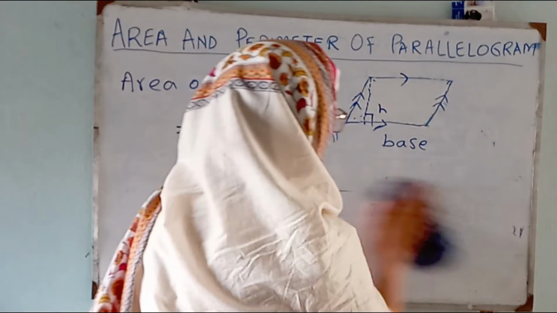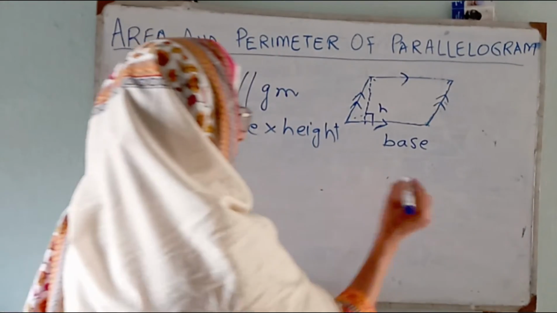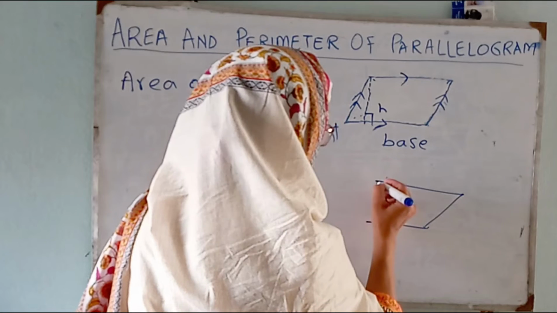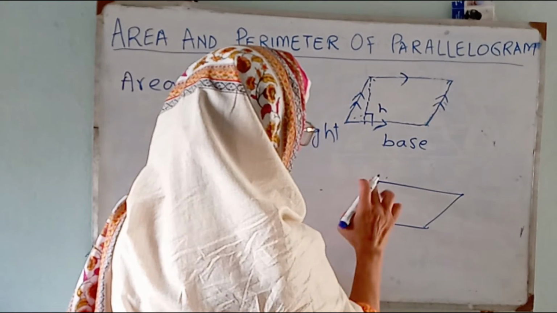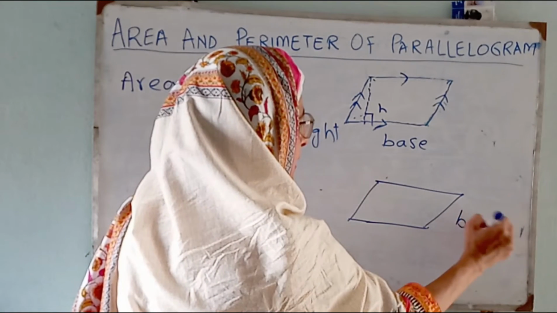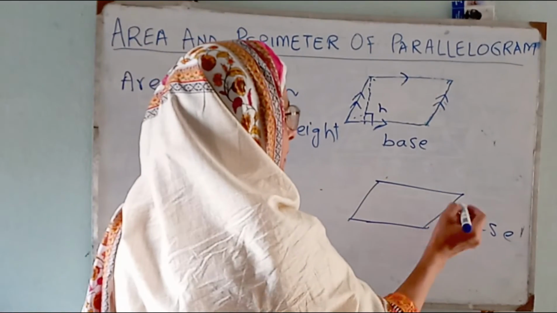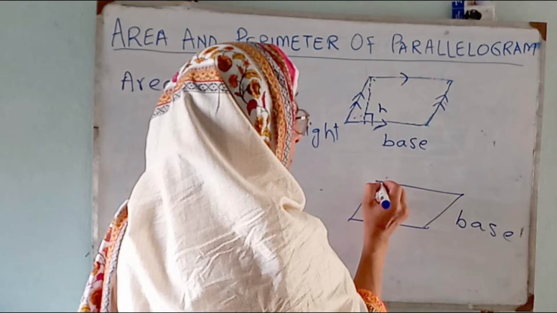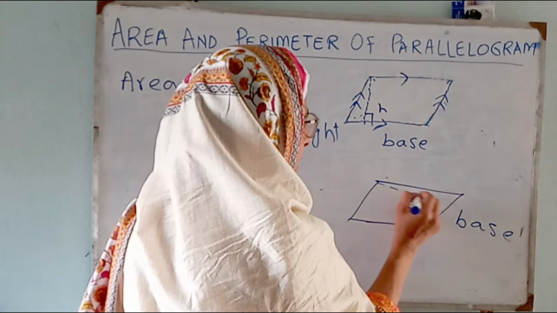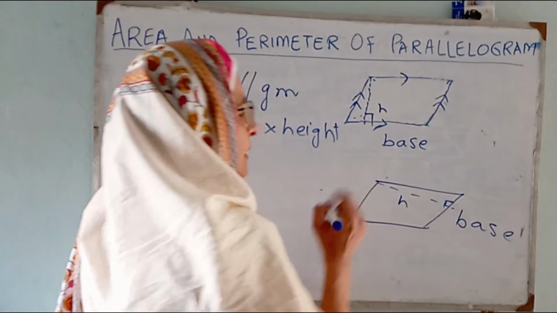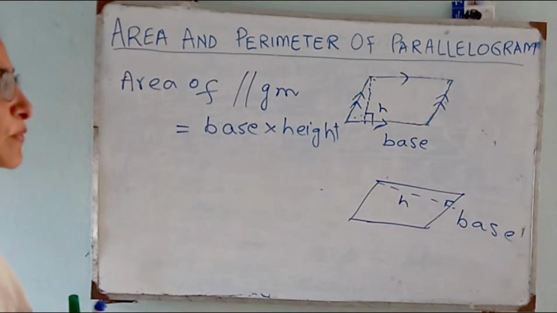But if I take this as the base, what will be my height? When I take this as the base, this line which is making a 90-degree angle with this base will be the height of this parallelogram.